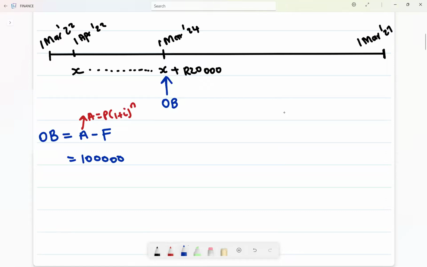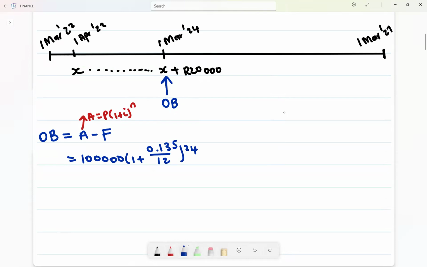A is the interest to date, how much the bank has been putting. Remember, the interest is 13.5%. I need to divide it by 12 to the power of 24. Why 24? Because I want to see how much interest the bank put on 100,000 for the 24 months, which is 2 years.